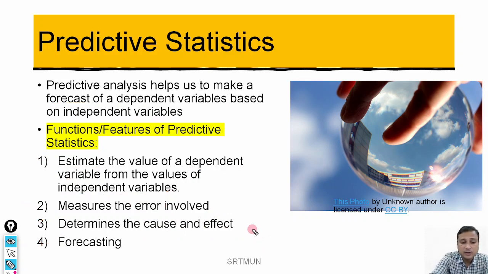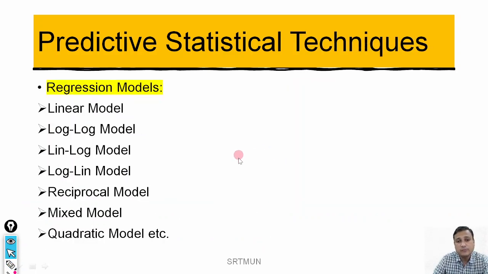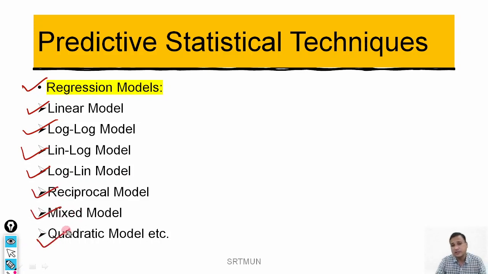Fine. Now let me take you to the slide where I have mentioned different statistical methods involved in predictive statistics. Predictive statistics is associated with regression models, and there are different models, like the linear model, log model, lin-log model, log-lin model, reciprocal model, mixed model, or quadratic model, and there are many.